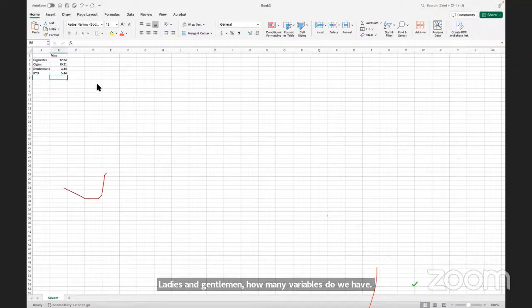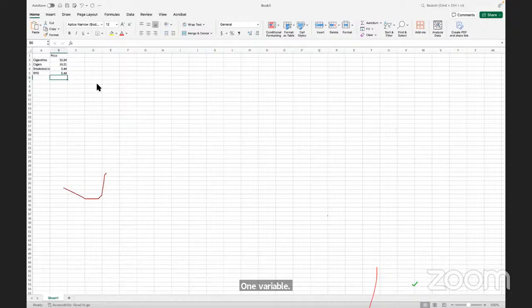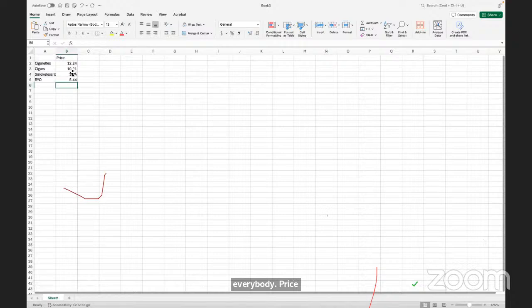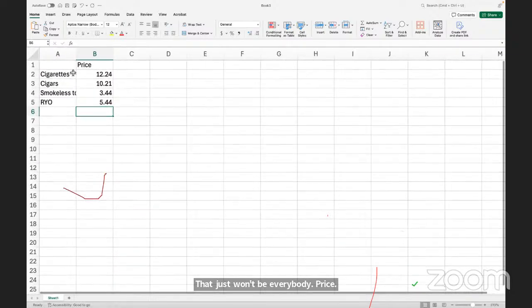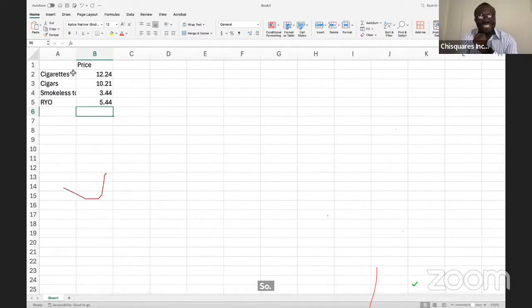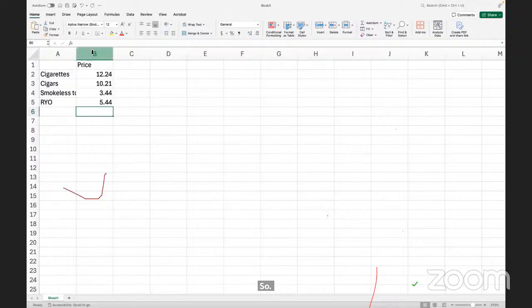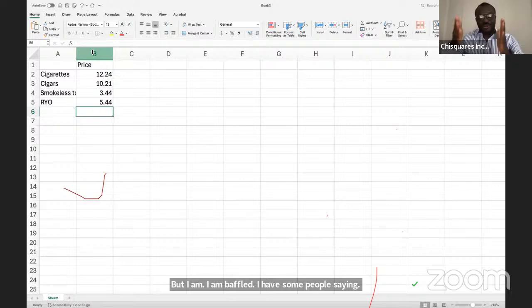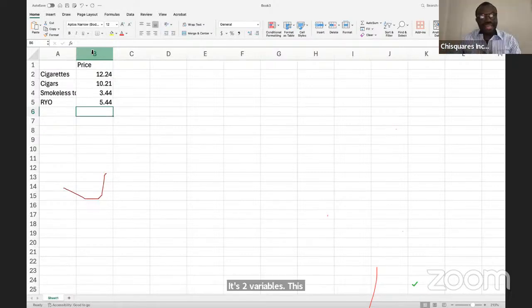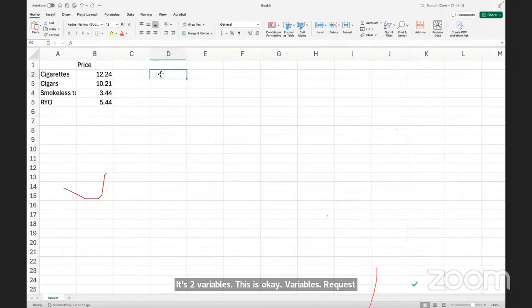2. 1 variable. Just 1 variable. How come some people are still saying 2? We have 1 variable, which is the price of the cigarette. I am baffled how some people are still saying it's 2 variables. Variables refers to columns. How do you account for the items list?